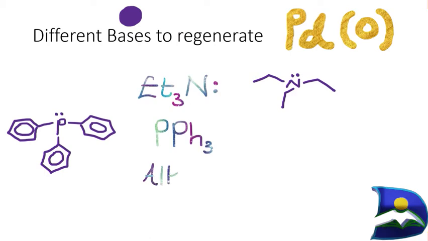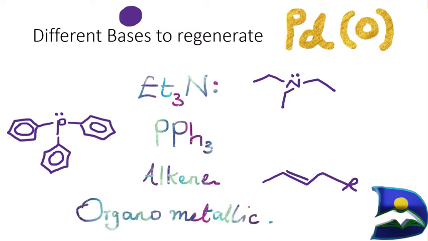Now the next one here is called an alkene. We know different alkenes, many are used for that specific carbometallation, but this one here is an alkyl which is good at giving electrons out because it's a good electron donor. This could also be used as a base in a specific region within that type of cyclic Heck reaction, and that also leads us to our final one, which is called an organometallic.